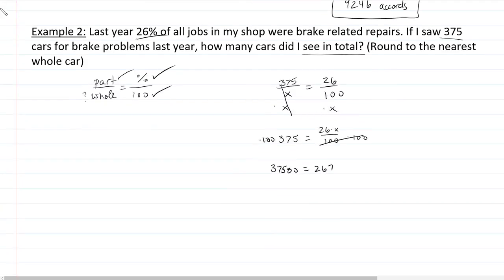Now, if we divide both sides by 26, these 26s cancel, and we end up with an answer of 1,442 cars. So that means I saw this many cars last year in total.